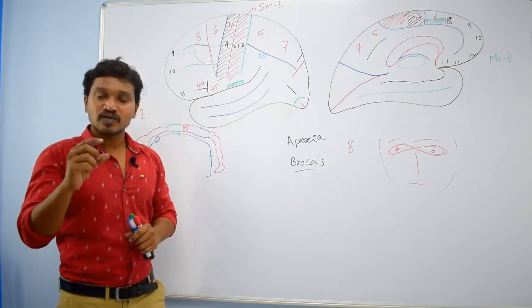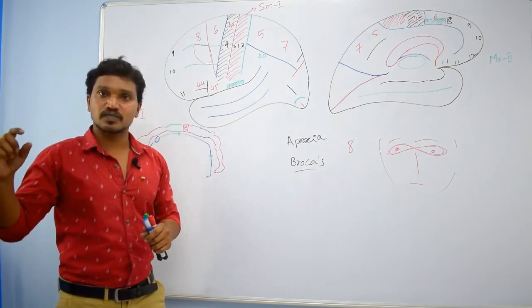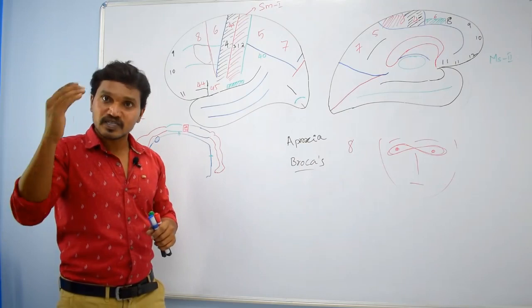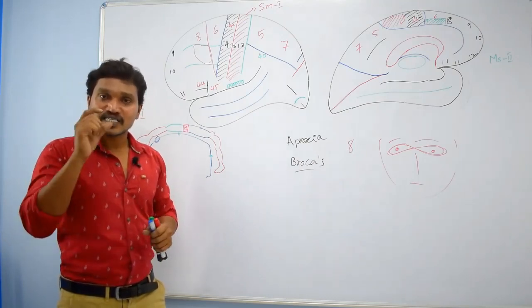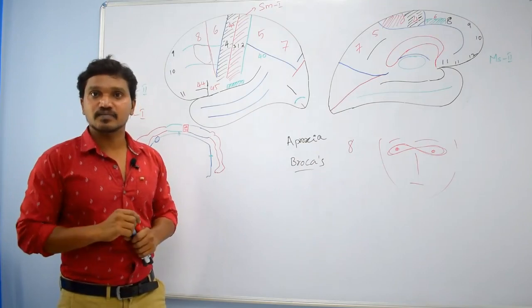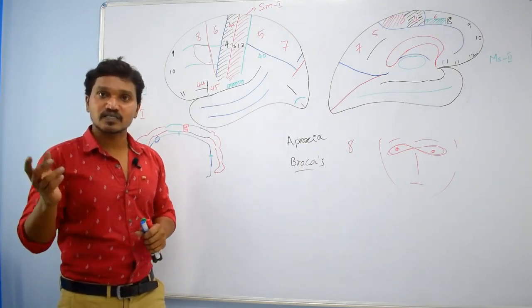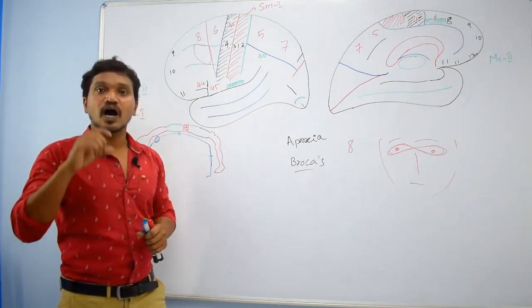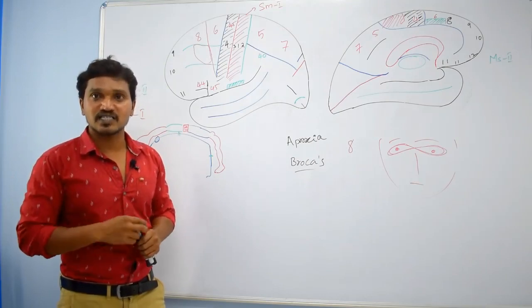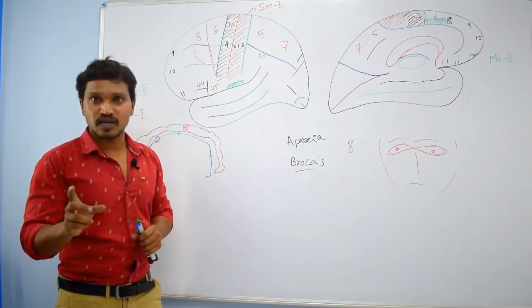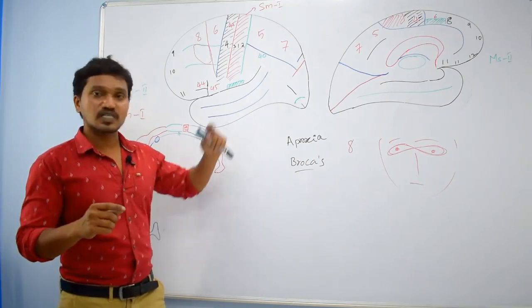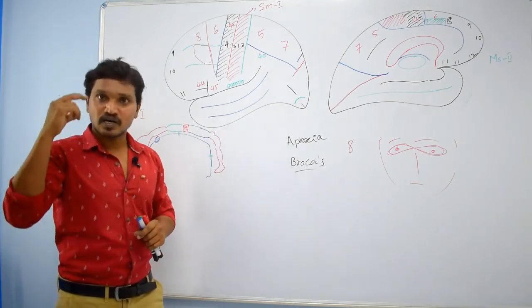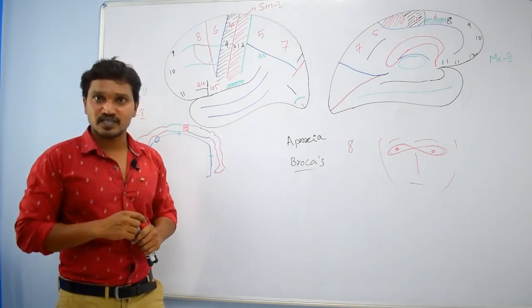We can find a bundle of fibers with the naked eye itself. Those bundles we call the stria of Gennari. Otherwise, we can call this the outer band of Baillarger. These things I will explain when I am telling about the histology of the cerebral cortex.